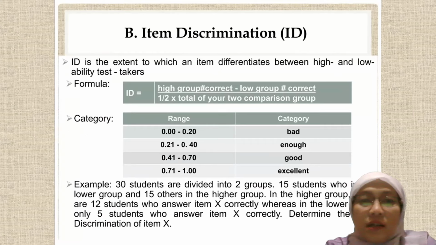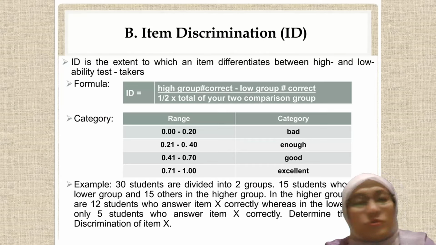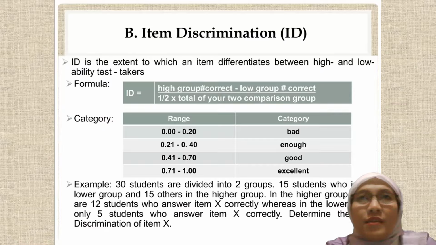The formula of item discrimination is ID equals the number of high ability test takers who answer correctly minus the low ability test takers who answer correctly, divided by half of the total of the test takers.